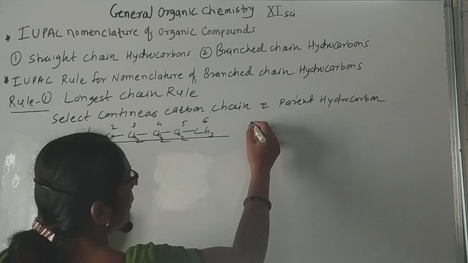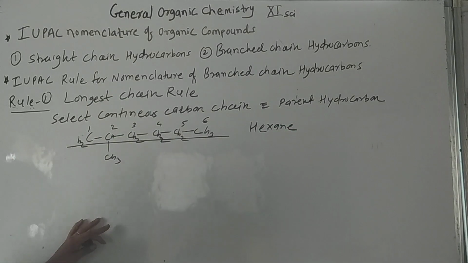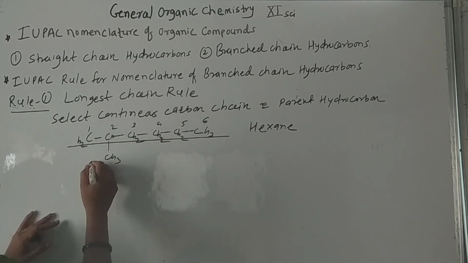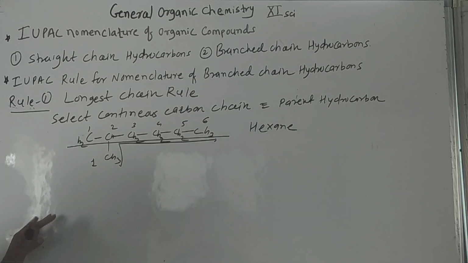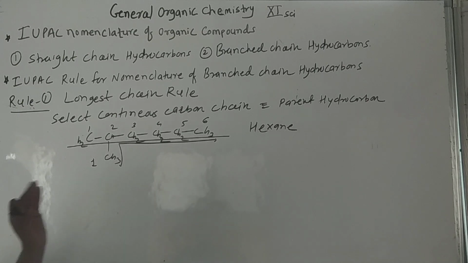So it has 6 carbons. So its parent hydrocarbon is hexane. So this compound is a derivative of hexane. Or I may select the chain this way, because it also has 6 carbons. So this or this, both are the same. So one thing is clear, it has a parent hydrocarbon of hexane.